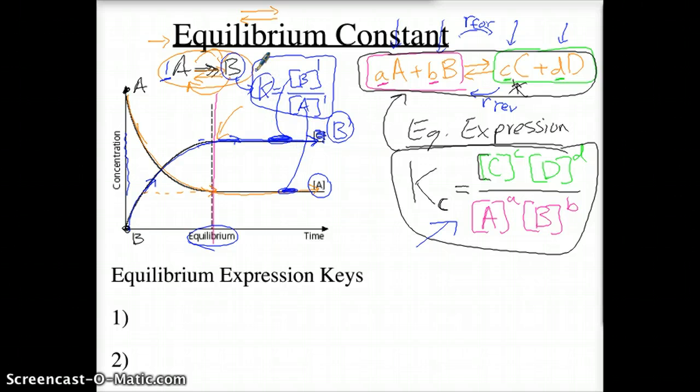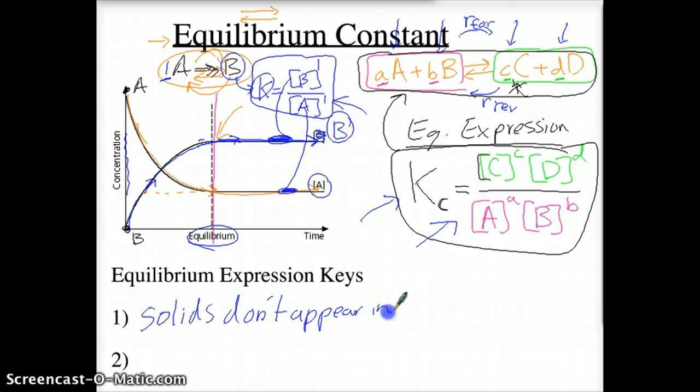When you're writing equilibrium expressions like this, there are two key things you need to keep in mind. Number one, solids don't appear in the expression. So if you had a reaction with Na solid, that compound does not show up in the equilibrium expression.